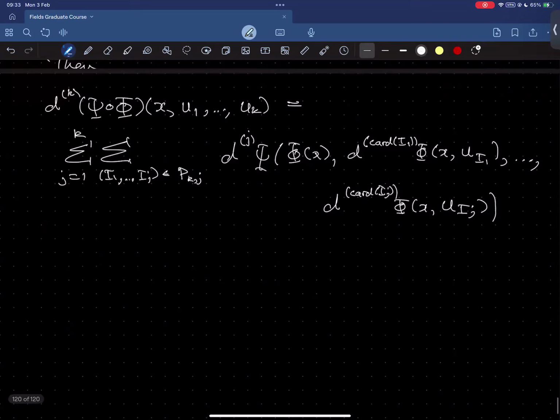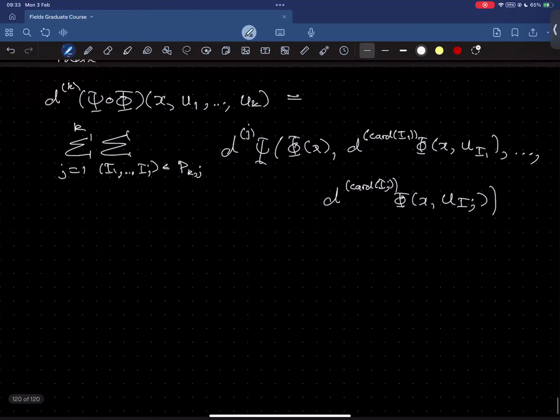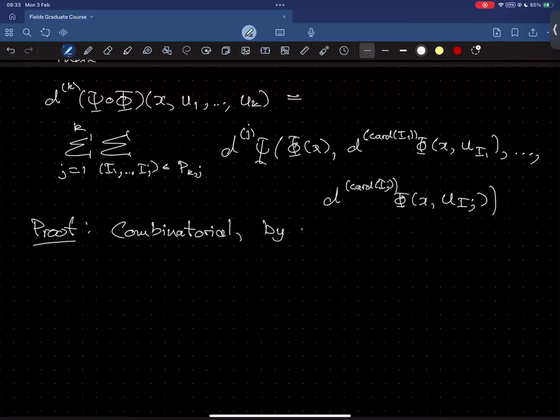As I said, this is an easy inductive combinatorial proof, and the full proof is not even long.